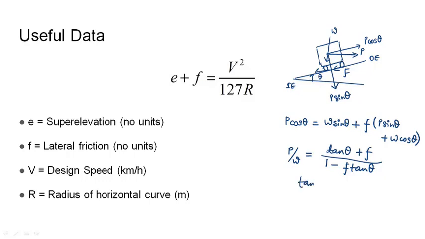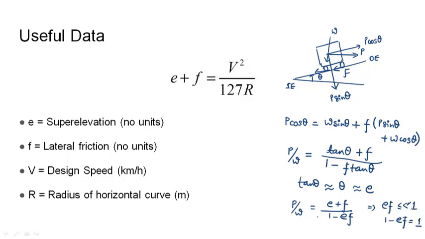Tan theta is approximated as theta, or in this case the super elevation, for small angles of theta. So P by W is given as E plus F by 1 minus EF. For small values of EF much less than 1, 1 minus EF is approximated as 1.